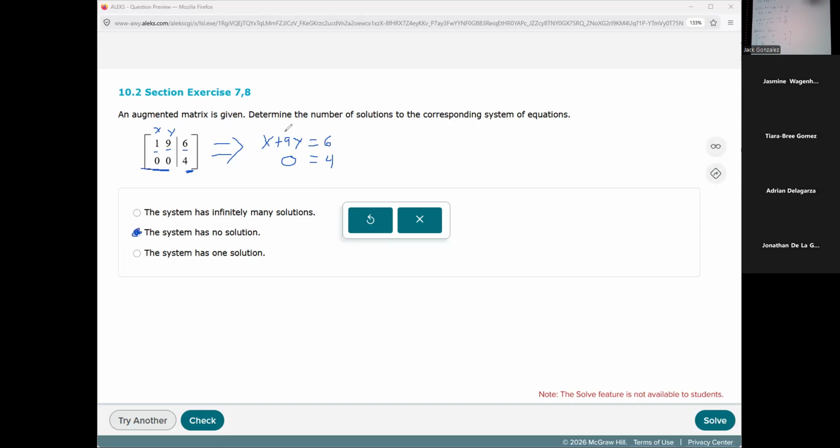And you can see it when you change it to equations. Any question on this? Do you see why there's no solution?